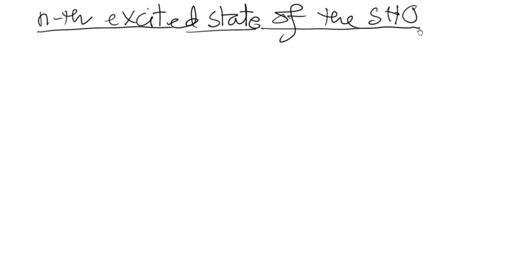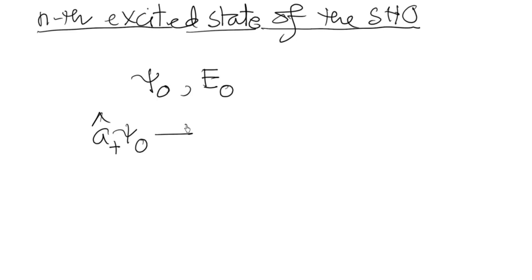As we discussed in the previous lecture, if we have the ground state wave function and ground state energy, and if we operate psi naught by the A plus operator, then we shall get the wave function of the first excited state.